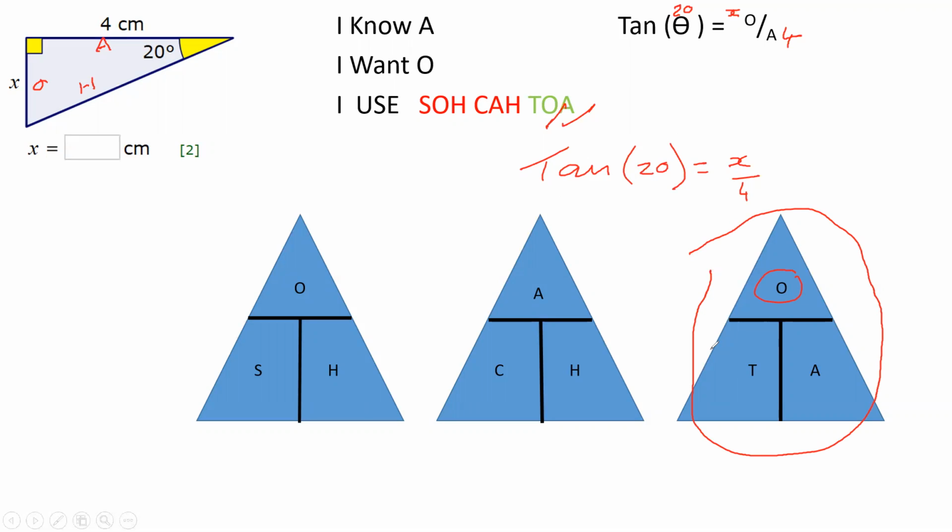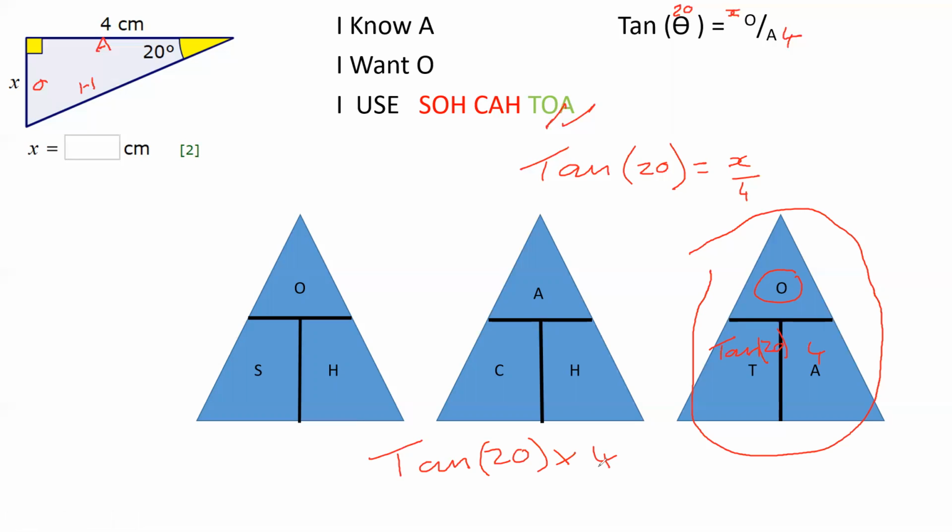And so that's going to be tan 20 in here. That's going to be 4. So all I've got to put in my calculator is tan 20 times 4, press equals, and we get the answer. So then we've run through an example of using SOH, of using CAH, and using TOA.